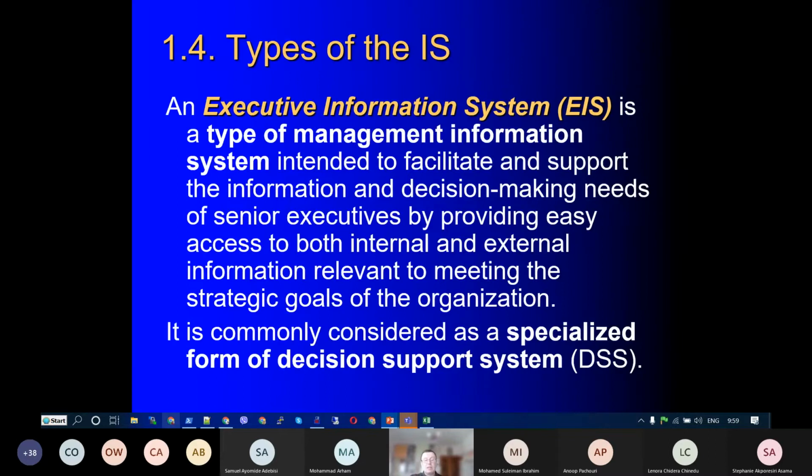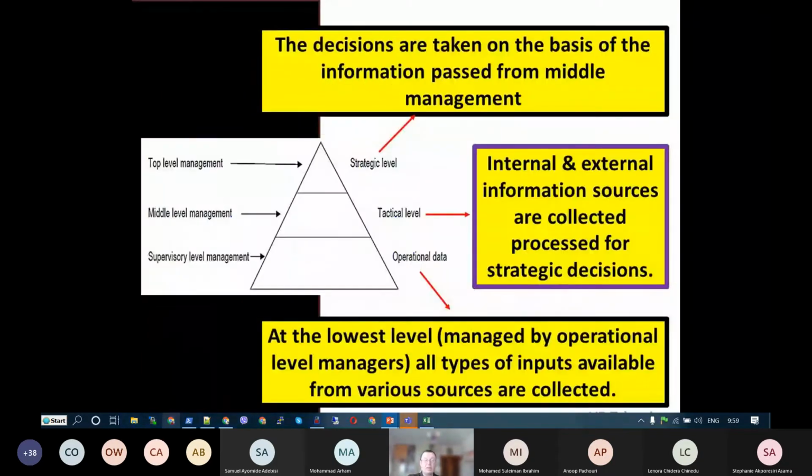An executive information system is a special kind of management information system intended to facilitate and support the information and decision-making needs of senior executives by providing easy access to both internal and external information relevant to meeting the strategic goals of the organization. Actually, it could be seen as under decision support systems or as a very specific kind of it.